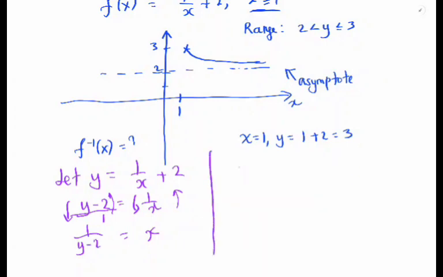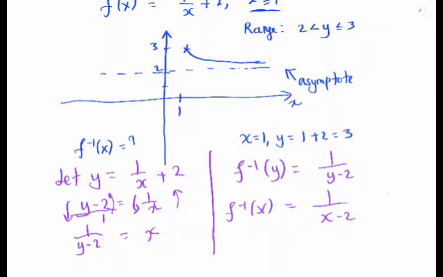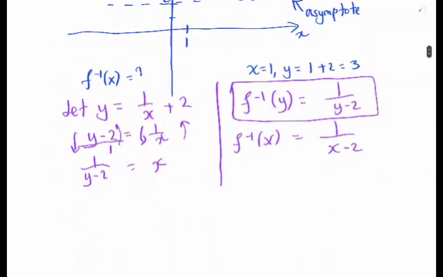So from here, f minus 1 y equals 1 over y minus 2. That means f minus 1 x equals 1 over x minus 2. This step actually is not necessary, but it's just for discussion only.